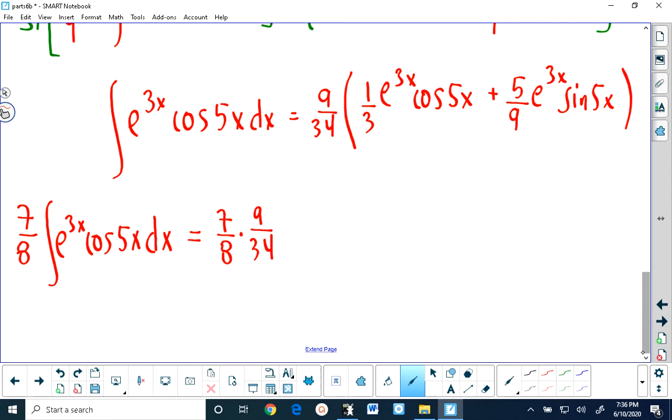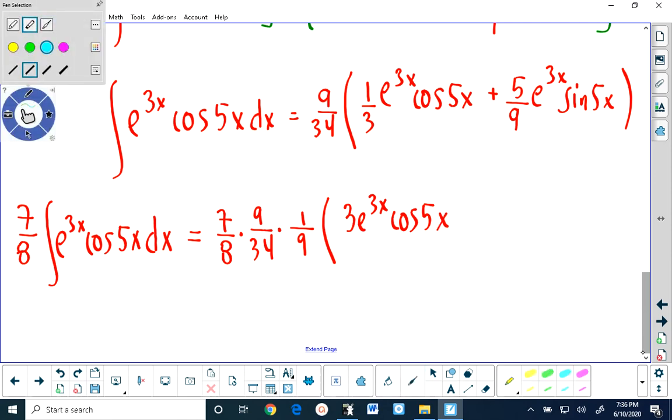I think I am going to factor out 1/9 out of this. I don't think we want fractions in our answer here inside. So if I factor 1/9 out of 1/3, I'm left with 3. You can check that, because if you multiply this 3 by the 1/9, you are going to get the 1/3 that you started off with.